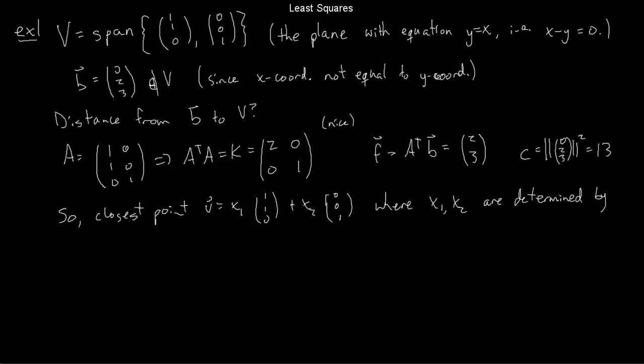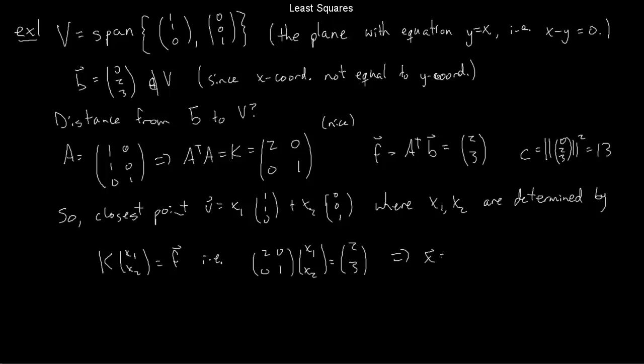It's non-singular, so the solution to this system of linear equations that I'm writing down is unique. K times x1, x2 should be F, which at the end of the day means I'm going to row reduce the matrix again. The matrix 2, 0, 0, 1, times x1, x2 equals 2, 3, and I don't have to do much row reduction because it's already diagonal. Diagonal matrices are your friend.